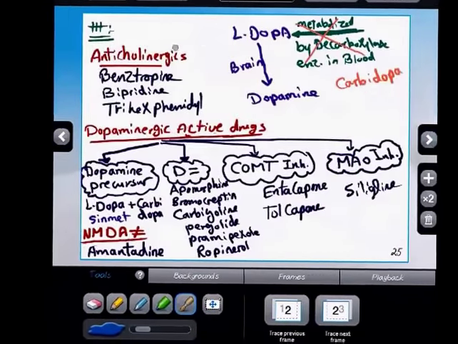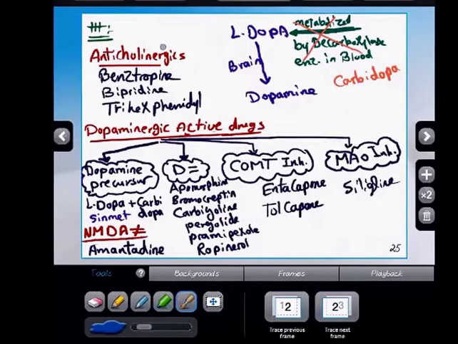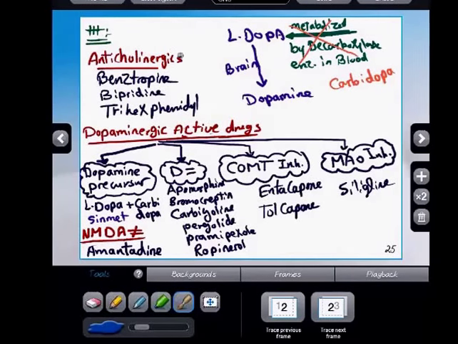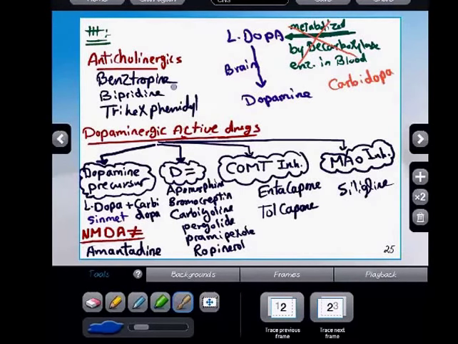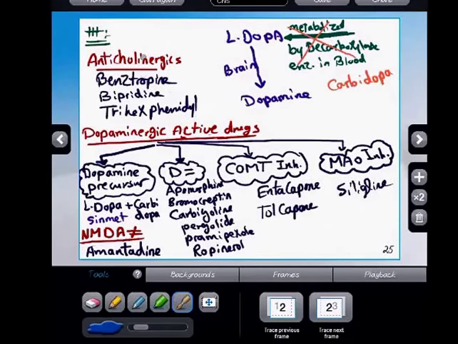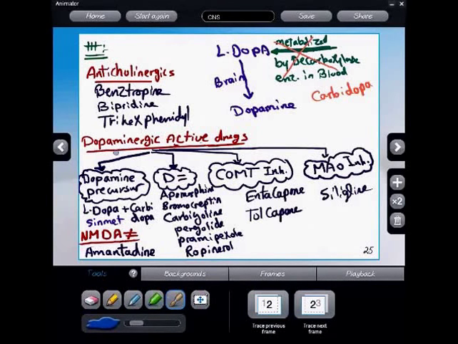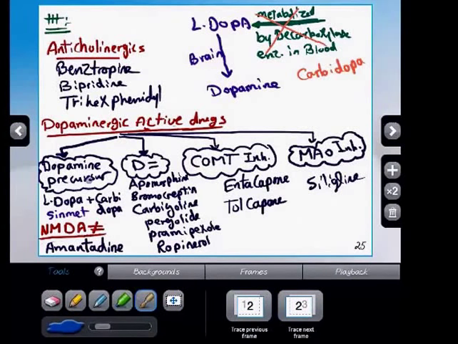Let's talk about the treatment of Parkinsonism: we need to increase dopamine and decrease acetylcholine. So we can use anticholinergics like benztropine, biperiden, and trihexyphenidyl. These drugs are used as anticholinergics to decrease acetylcholine. And there are dopaminergic drugs that increase dopamine, like the dopaminergic precursor.